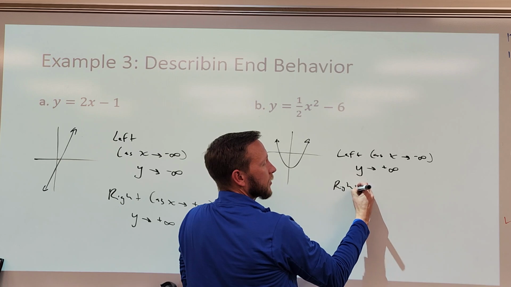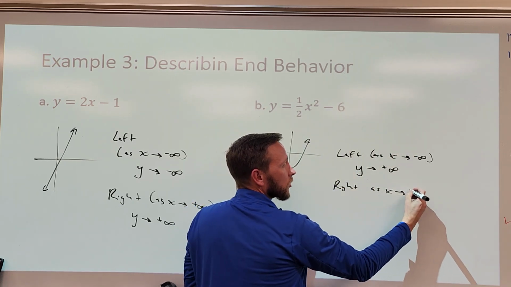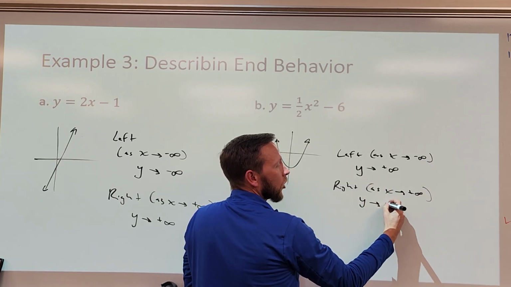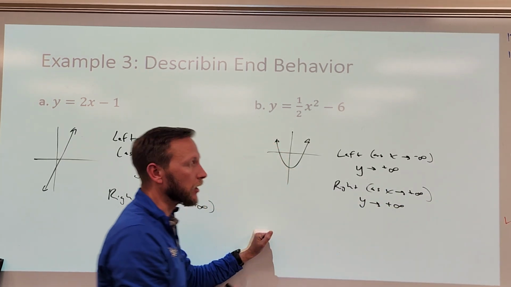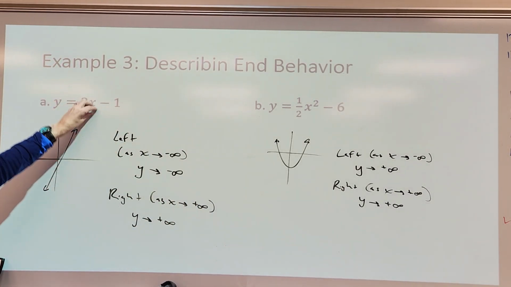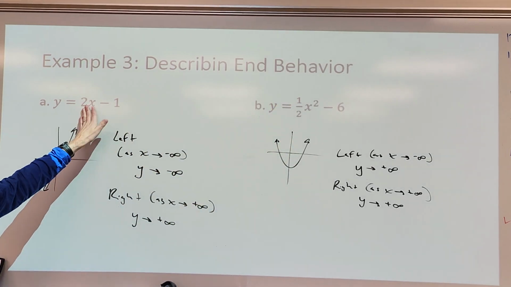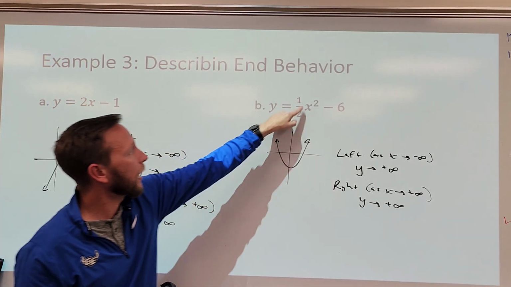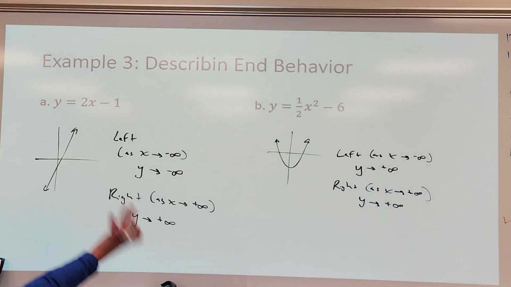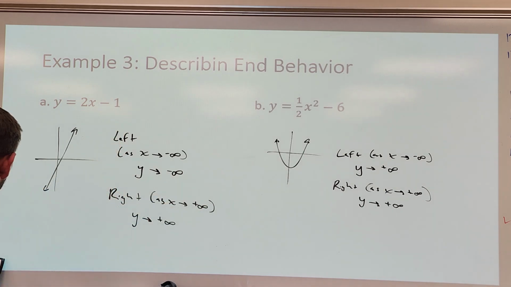To the right end, as x approaches positive infinity, y approaches also positive infinity. With degree 1 and degree 2, we can make a prediction, since we have a positive 2 and a positive 1/2, what those pictures will look like without graphing them, and we can predict what is going to happen to the left and to the right.